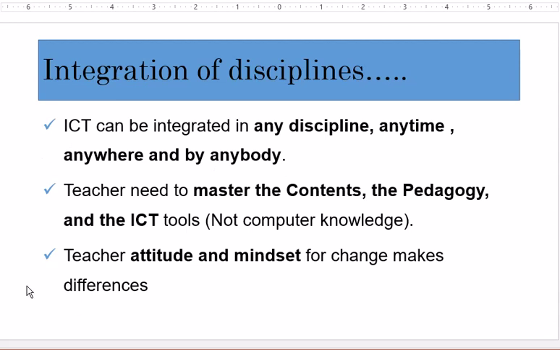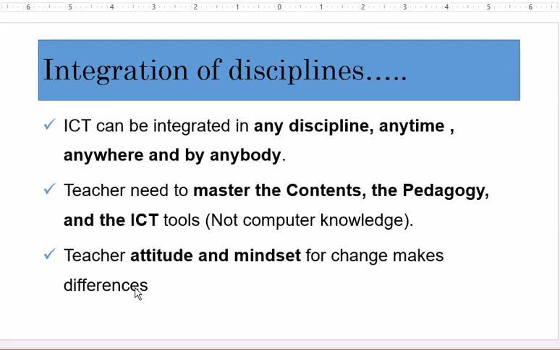ICT can be integrated in any discipline, anytime, anywhere, by anybody. Teachers need to master the content, master the pedagogy, and master the ICT tool. However, please understand, I'm not talking about computers. Teachers' attitude and mindset for change makes a lot of difference in the life of a student.